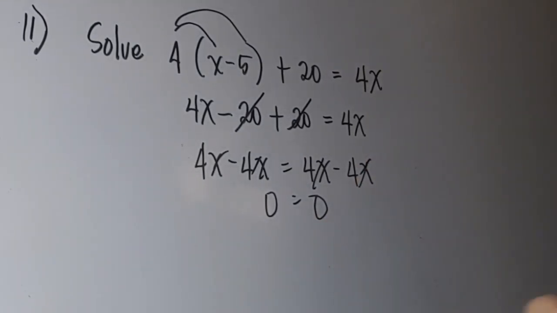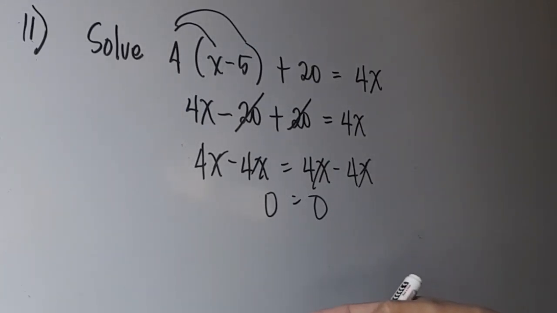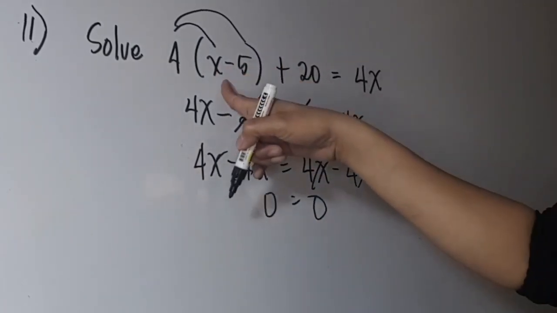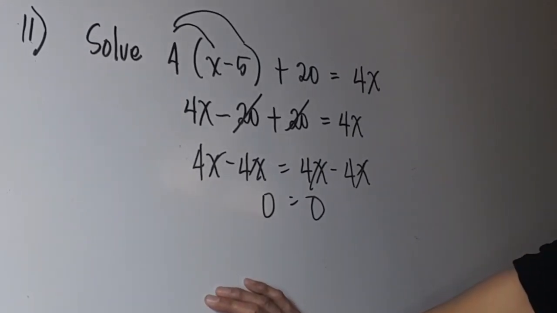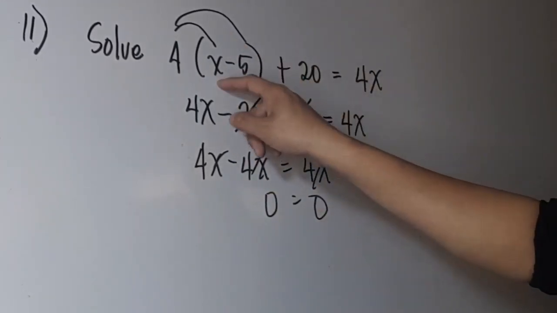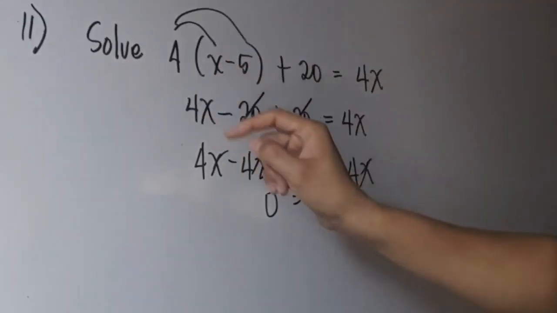Tama naman, this equation is true. Since this equation is satisfied by any value of the variable x, then the solution set of the given equation is said to be a set of real numbers, no? A set of all real numbers. Any number na isa-substitute natin sa x will be true.